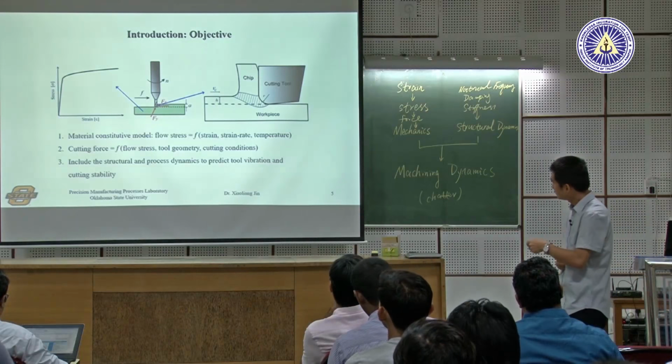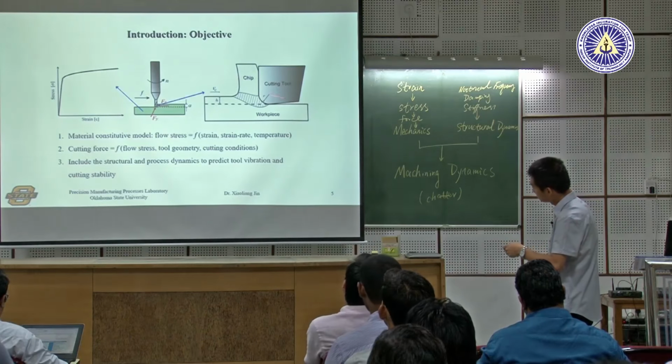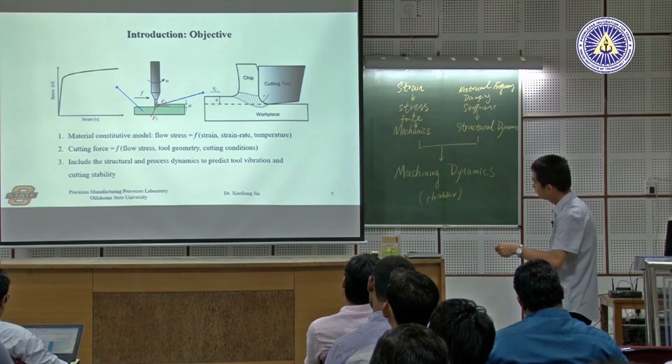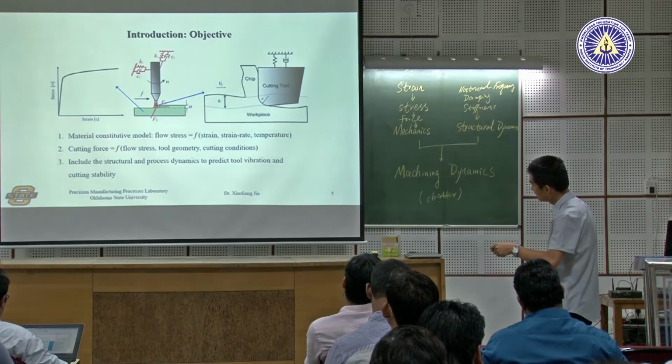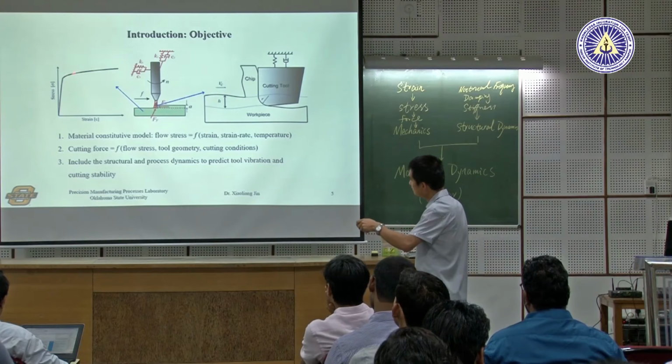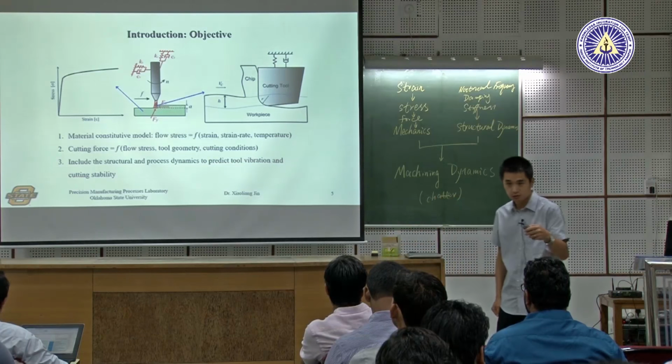Now we want to base it on the material constitutive model. By constitutive we mean that any material, when it deforms, has a certain stress, as I explained here. Then the stress, of course, depends on the strain, right? So this is a typical stress-strain relationship.